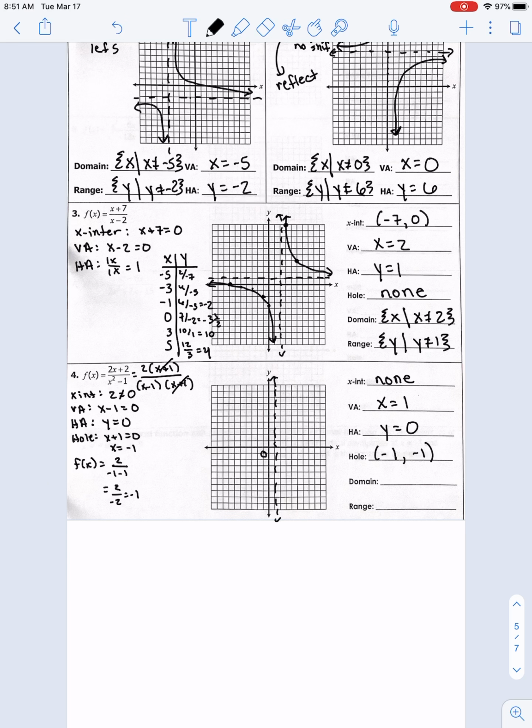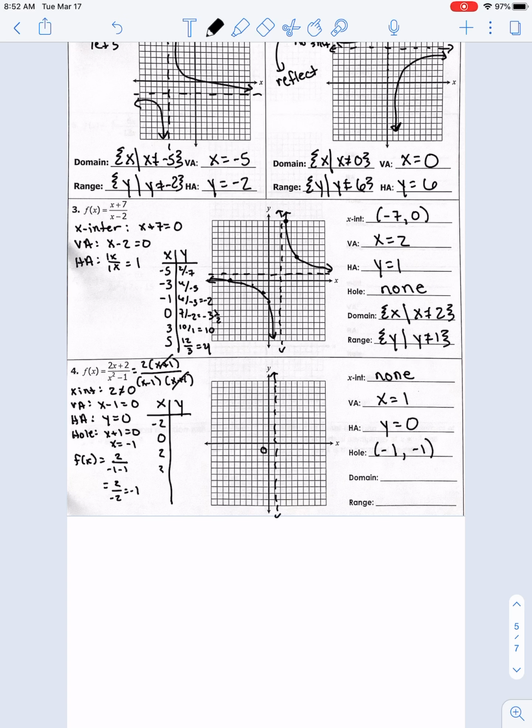Okay, now we can do our data table to figure out some points here. I'm going to go ahead and do -2, -1, we already know has a hole there. So let's do 0. We'll skip 1 because it's an asymptote, so we'll go 2, 3, and see if we need any more points after that.